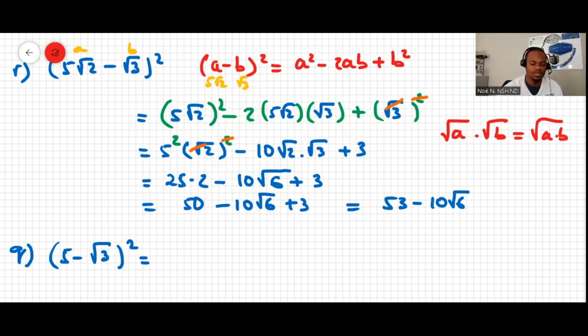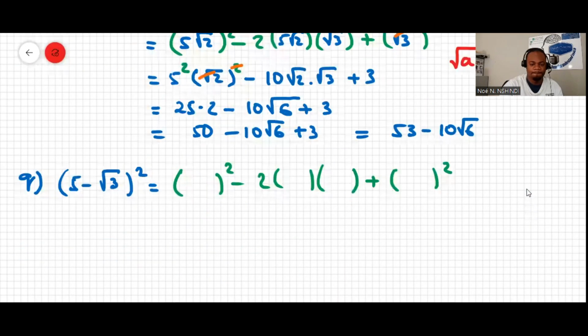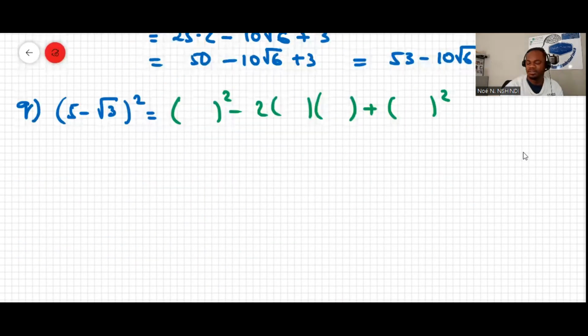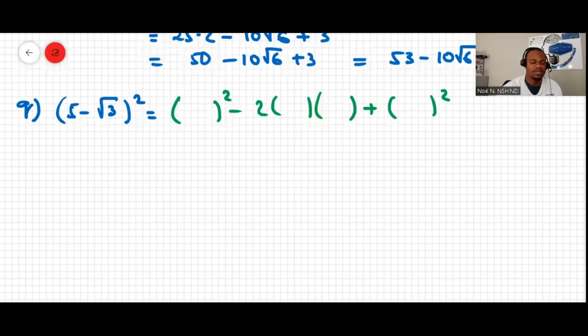and then this will be to the power of 2, a squared minus 2ab plus b squared, okay? Now, we know that this is a and that b, so we can substitute.